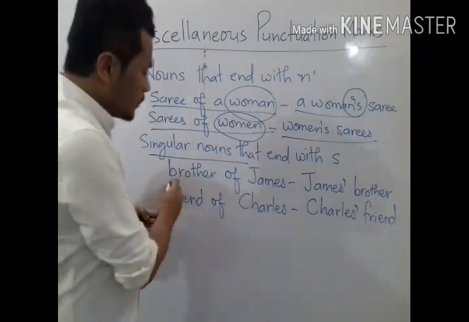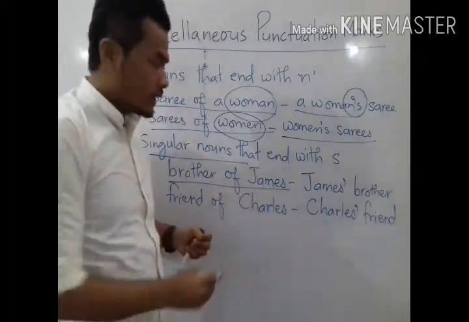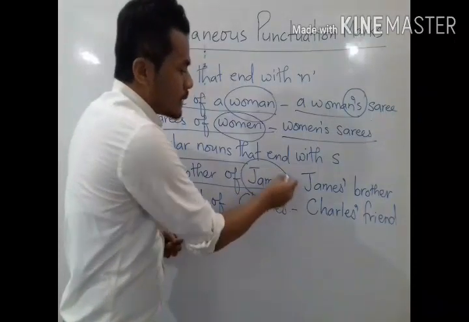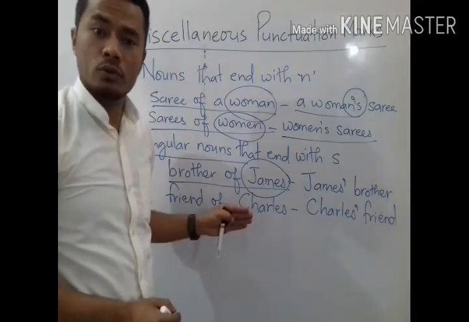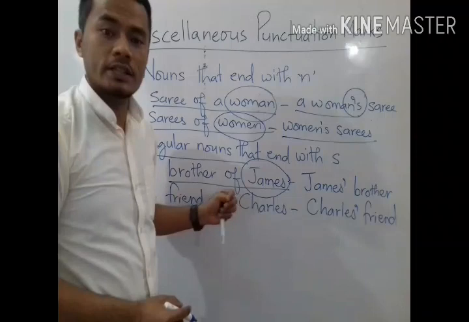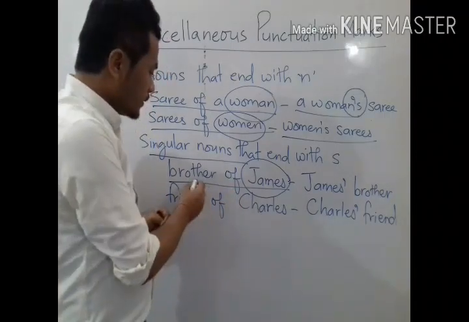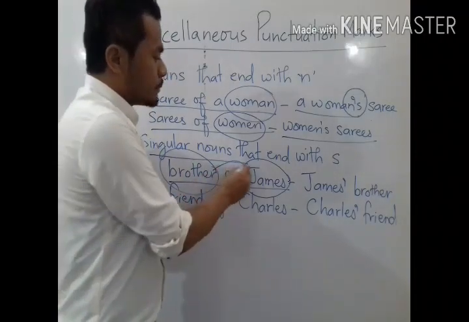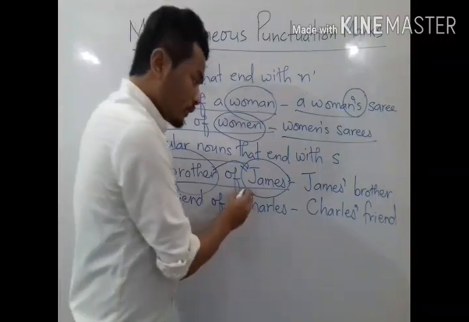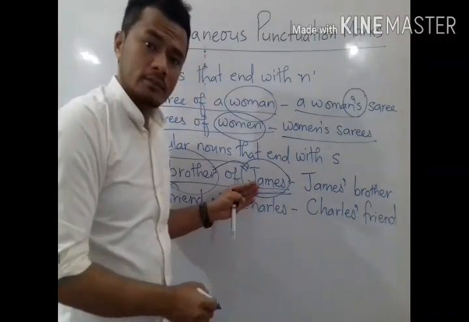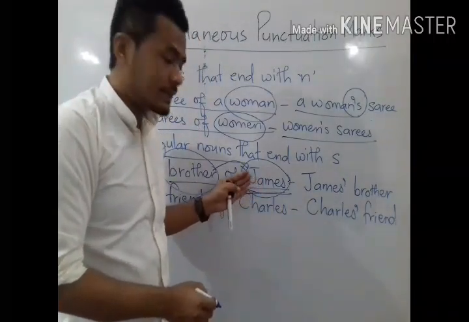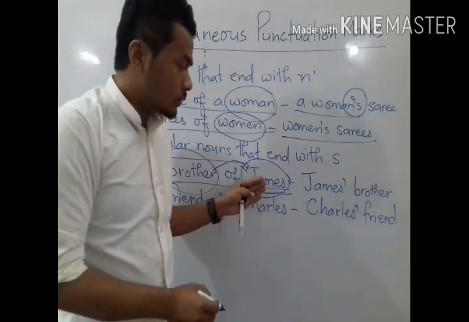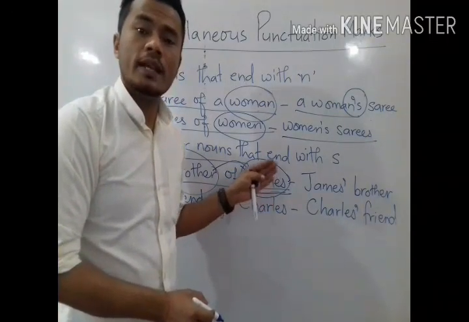Like see here, the brother of James. Here James is the noun, the name of the person of which we have to show the possession. So here the brother belongs to James. If you read the word James, J-A-M-E-S, this noun ends with s.